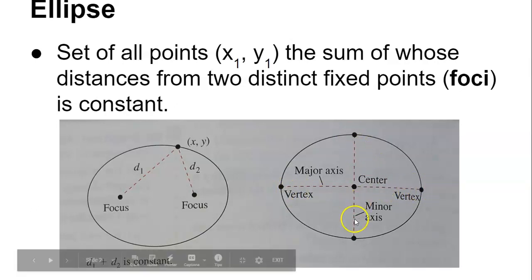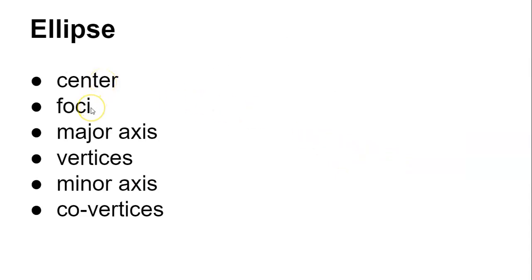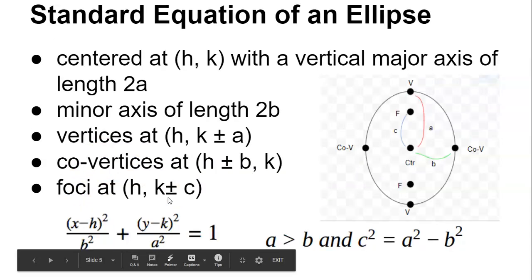And then the shorter axis, the minor axis, will have a point up here called the covertex, and another one down here that's the other covertex, so you have two covertices. So the important concepts that go along with an ellipse are the center, the two foci, a major axis that has vertices on each end, and a minor axis that has two covertices on each end.